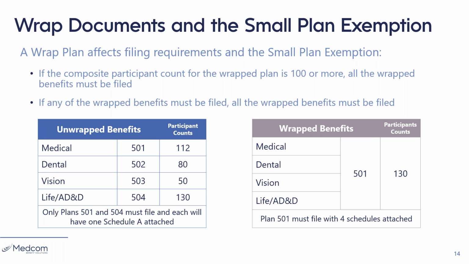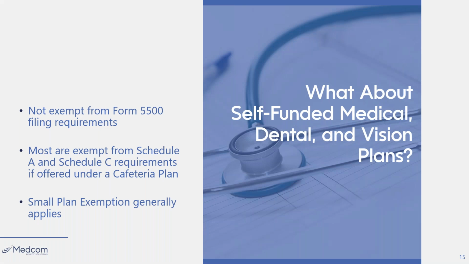So it's really important to make sure that when you're looking at whether or not you have a wrapped plan, whether or not they're subject to ERISA, it's any one line of coverage in a wrapped plan that exceeds 100 participants, all lines of coverage file. They don't aggregate, but they trigger each other.